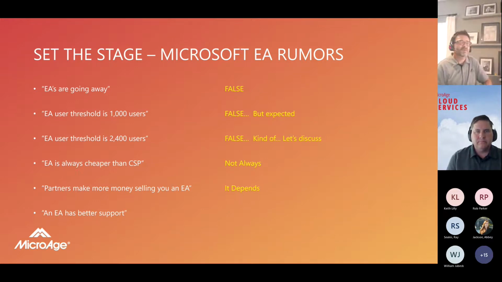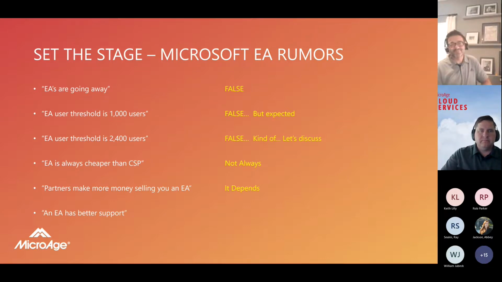And right now there are only certain types of clients where it makes more sense for a partner to drive an EA. And a lot of that has to do with some of the changes that Microsoft has introduced. They are definitely encouraging a lot of these small to medium business clients that typically qualify for an EA to move into the CSP community. And there's a few reasons for that, and we'll get into that.